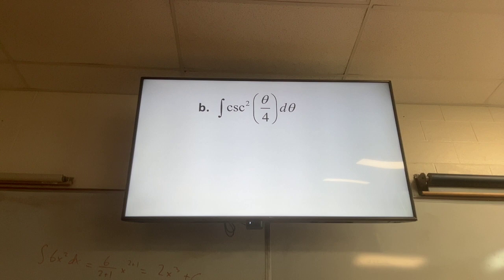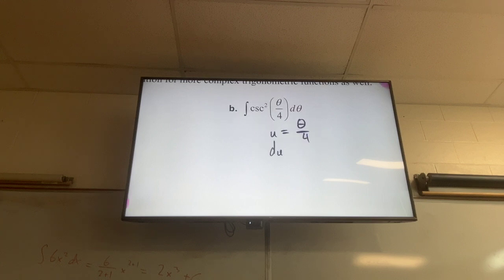What am I going to write u equal to this time? Theta over 4. Then du d theta equals 1/4, so du equals 1/4 d theta. I needed there to be what fraction on the outside here?